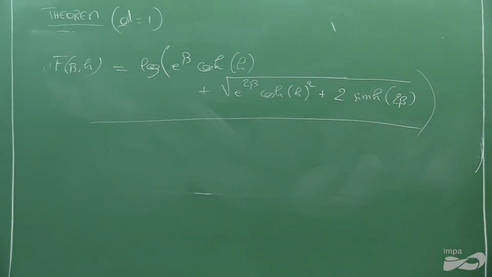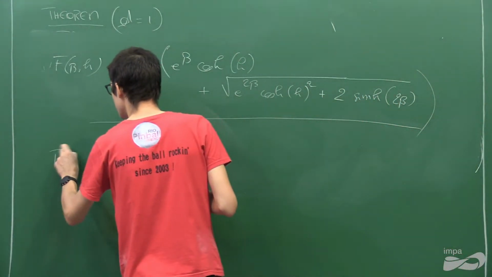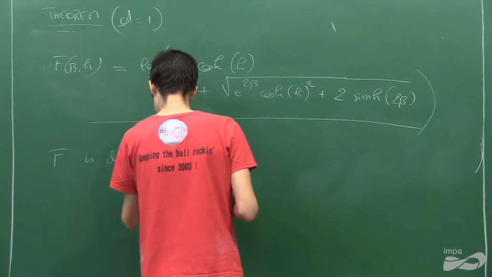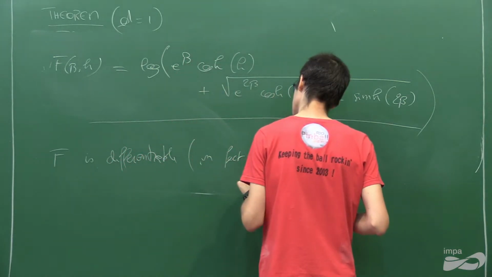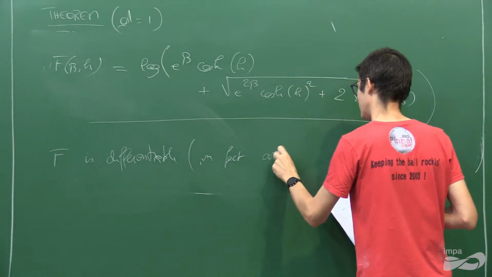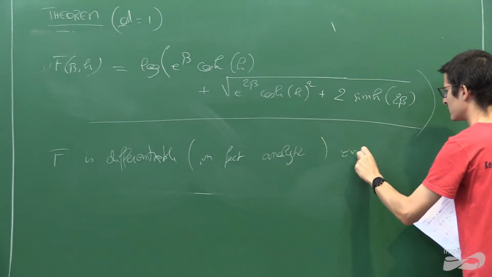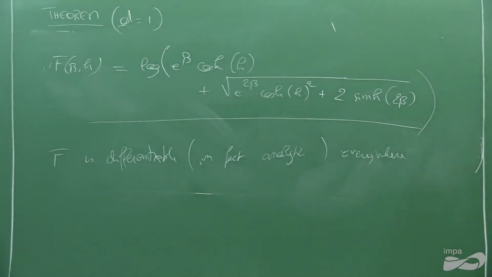But what you get out of this is that f is differentiable everywhere. In fact, it's analytic in both h and beta, in the sense that you can expand it in power series at any point.